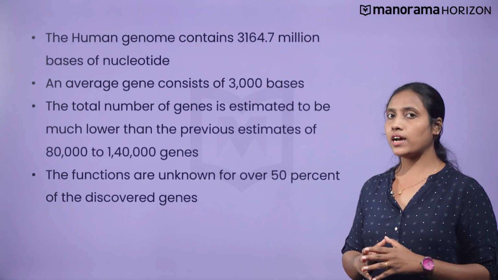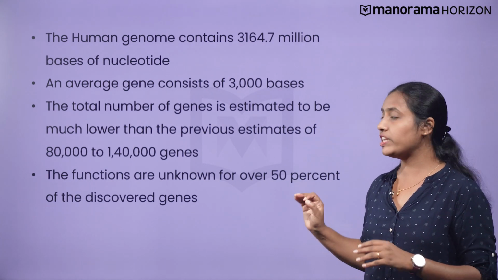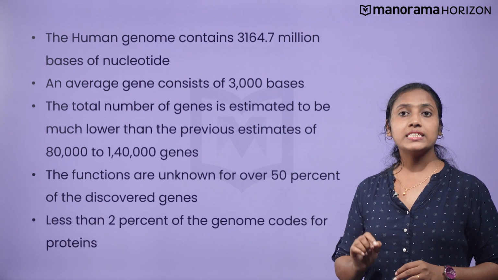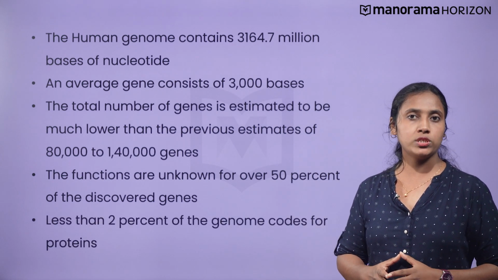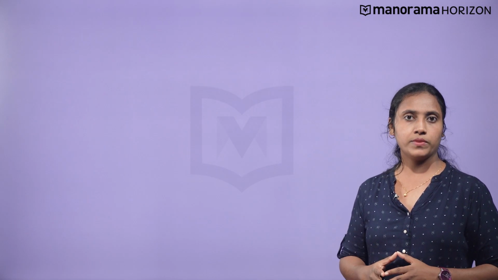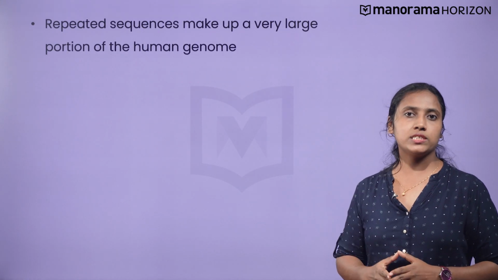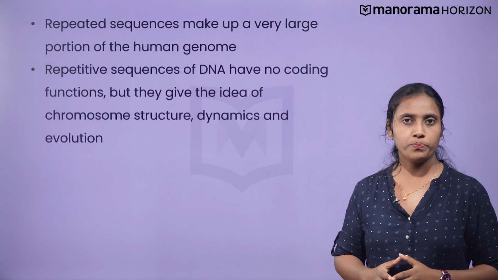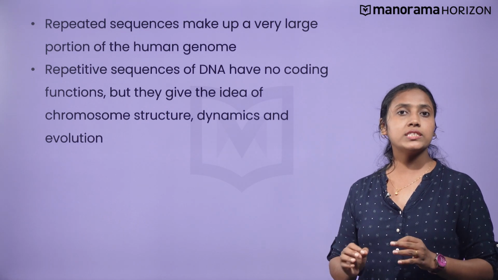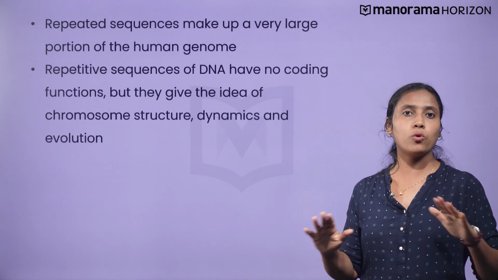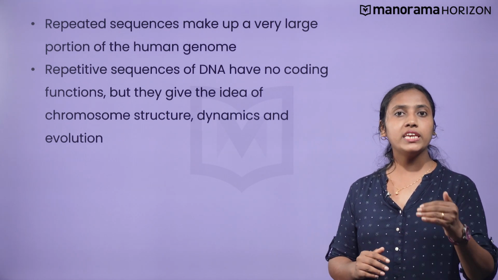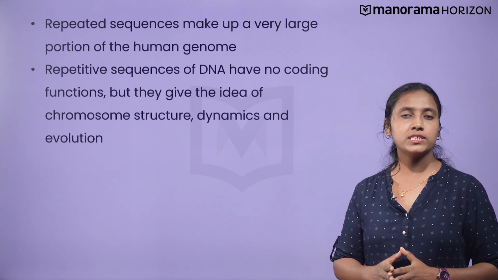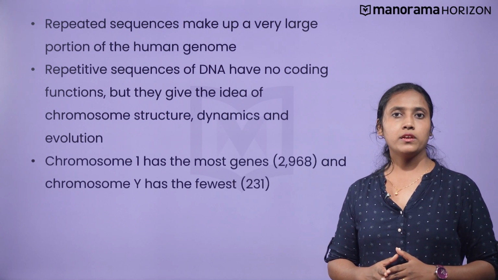The functions are unknown for over 50% of the genes discovered. Less than 2% of the genome codes for proteins. Repeated sequences make up a very large portion of the human genome. Repetitive sequences of DNA have no coding function, but they give an idea of chromosome structure, dynamics, and evolution.